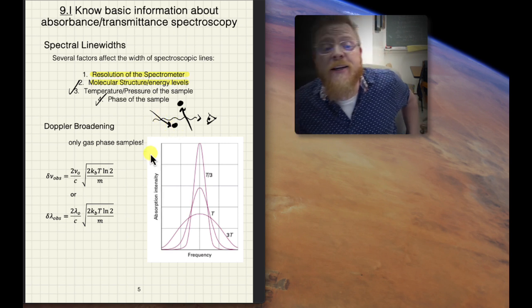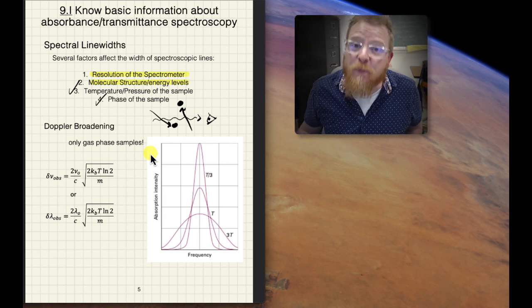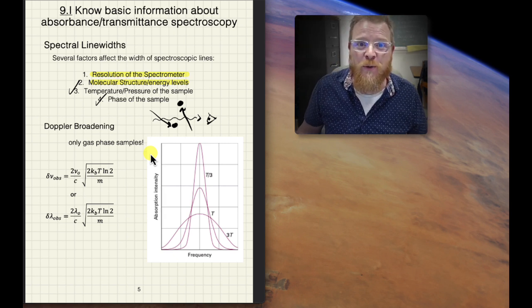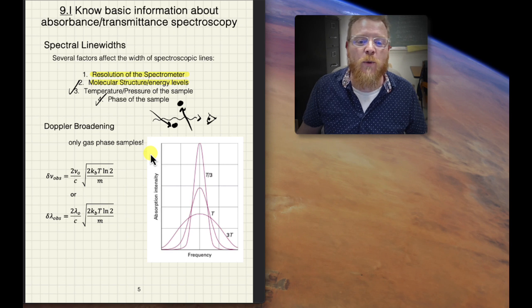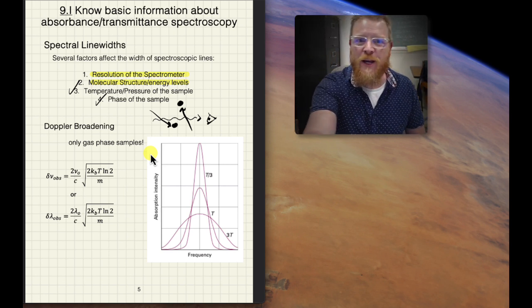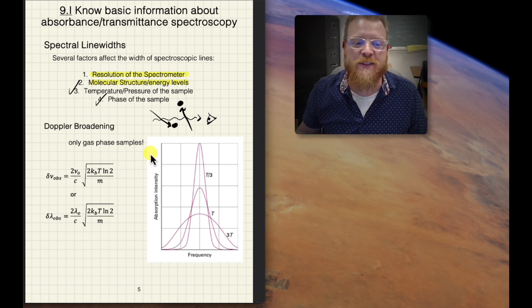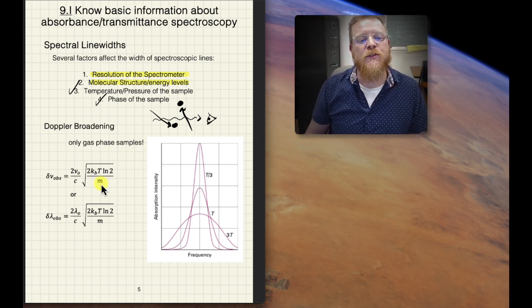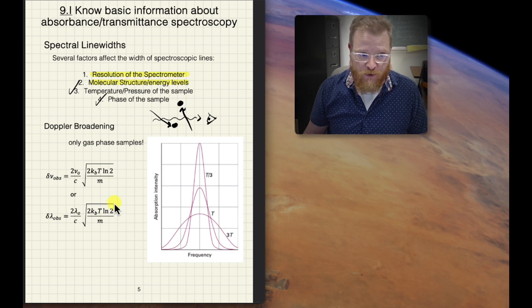And it will actually give an observed Doppler effect, similar to, or I should say identical to, when you're standing there and a fire truck goes by you, wee, right? It changes frequency as it's approaching you. So this is largely given by the temperature of the sample.